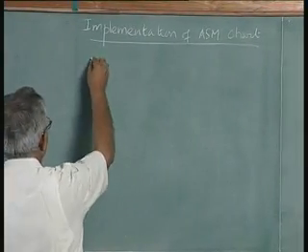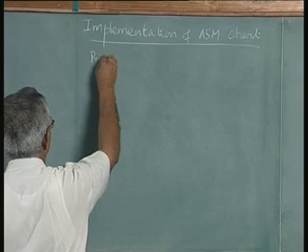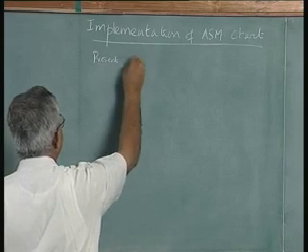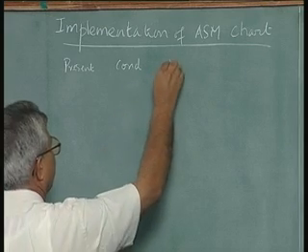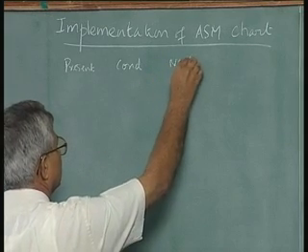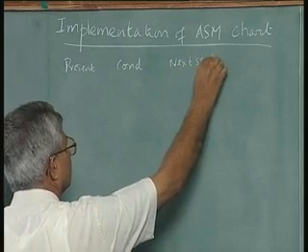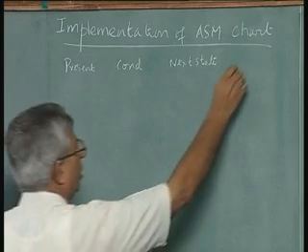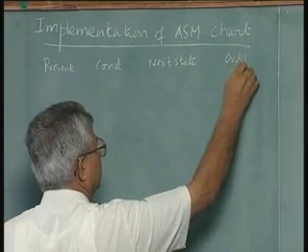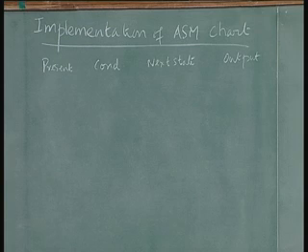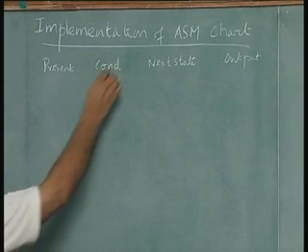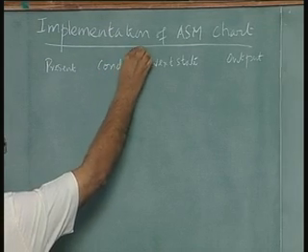We will have to see what is the present state, what condition leads to what next state, and what outputs are generated in that state. These will be the columns of an ASM table. I should have written it like this: ASM table.